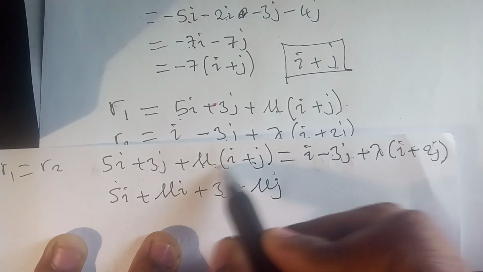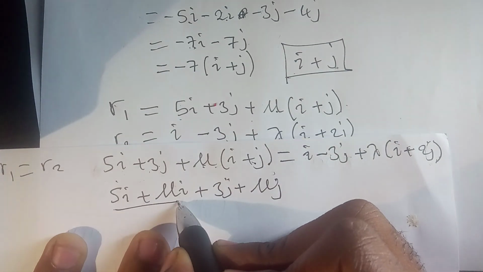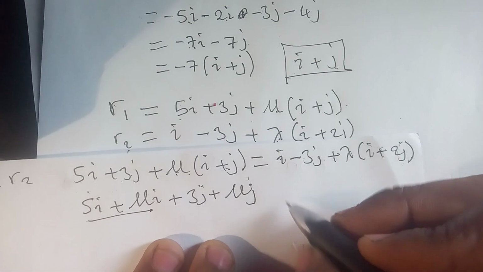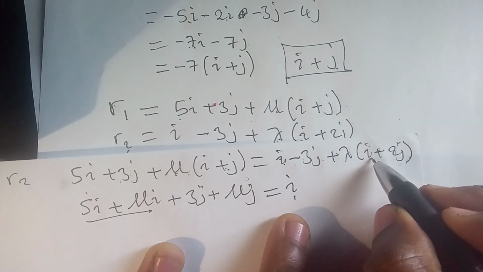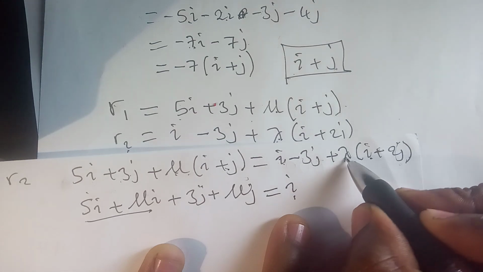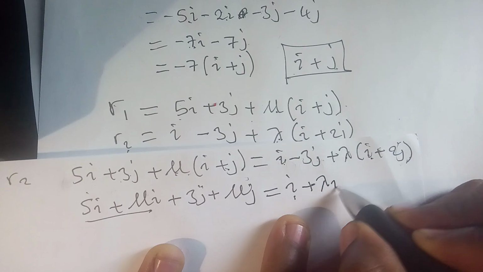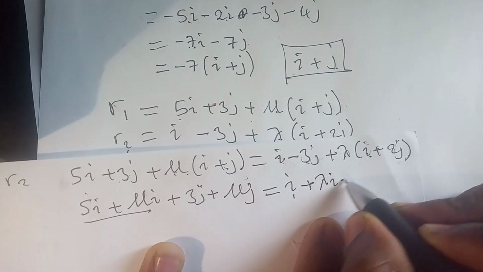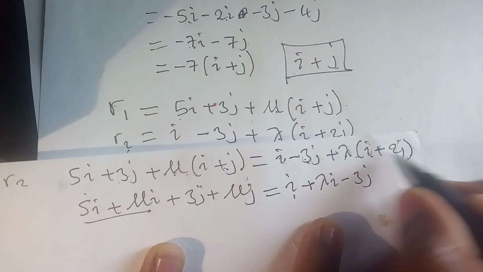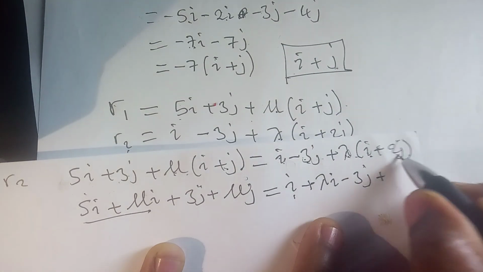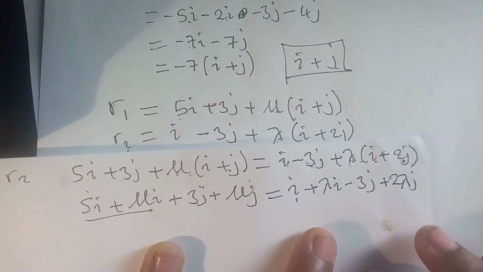So I've expanded this and rearranged so that we have the I components here and the j components this side, and then I have the I there, the other I is there. I can just multiply the lambda by I, so this will be lambda I. Then I can get the negative 3j, and add the 2 lambda j.